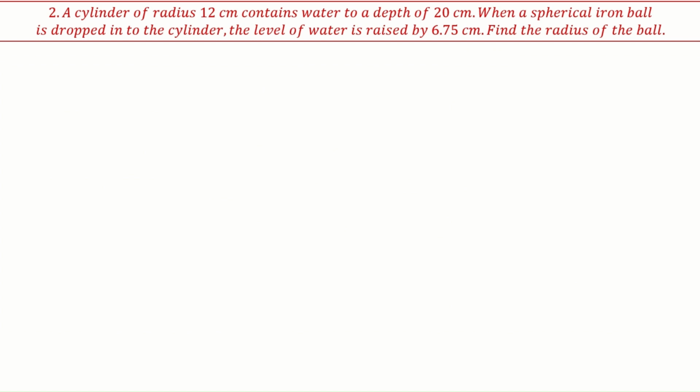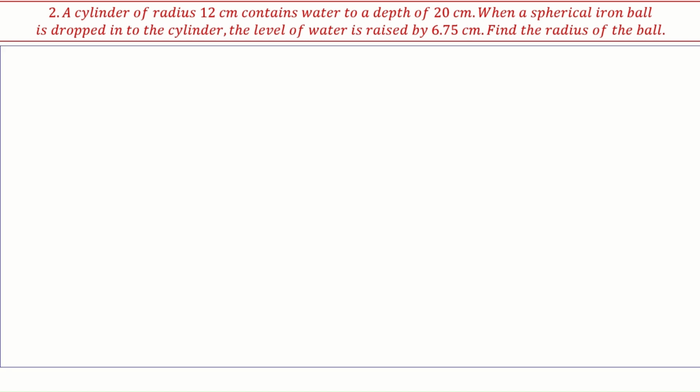A cylinder of radius 12 centimeters contains water to a depth of 20 centimeters. When a spherical iron ball is dropped into the cylinder, the level of water rises by 6.75 centimeters. Find the radius of the ball. Yeah, we have done this problem before.